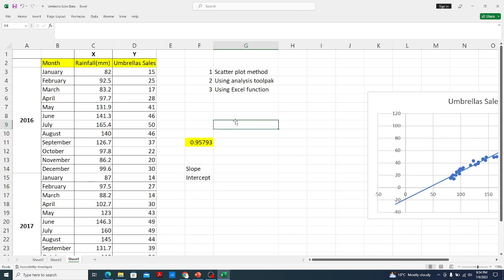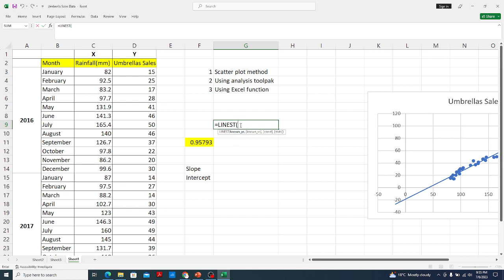Let's try LINEST. You can see it returns statistics that describe a linear trend matching known data points by fitting a straight line using the least squares method. So we'll use this function.